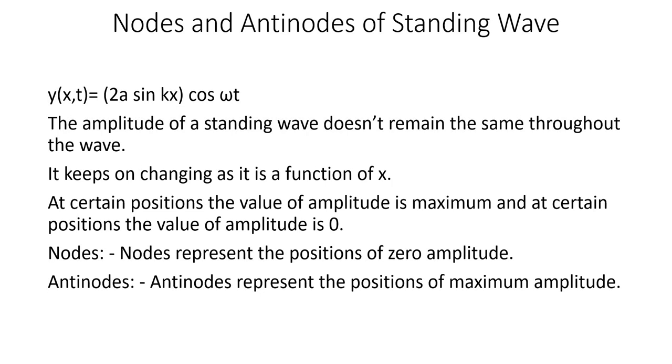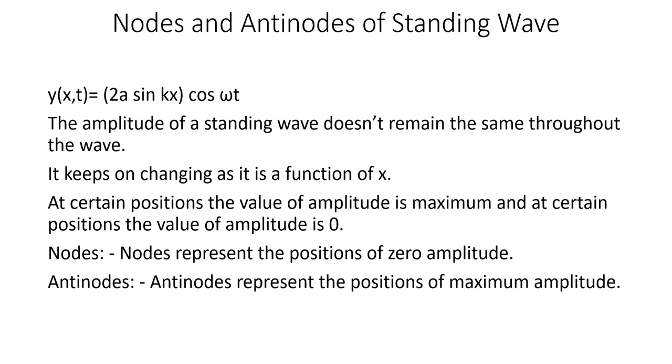Which is the amplitude here? 2a sin kx stands for the amplitude, and that is a function of x. So we can say that as x changes, the amplitude also will change. At certain positions the amplitude will be maximum, and at certain positions the amplitude will be zero also, depending on the value of the sine function. When the sine function becomes zero, the amplitude will become zero.